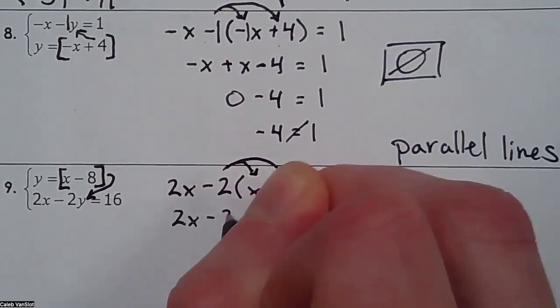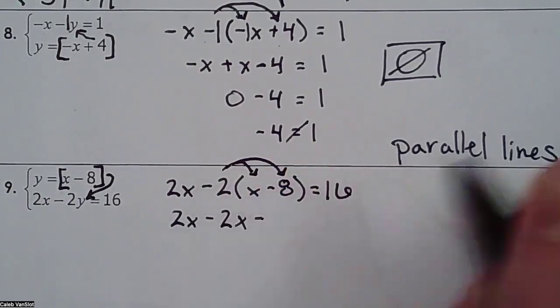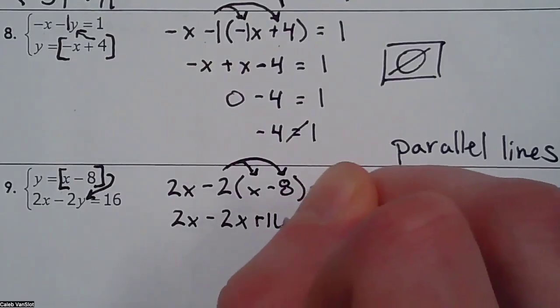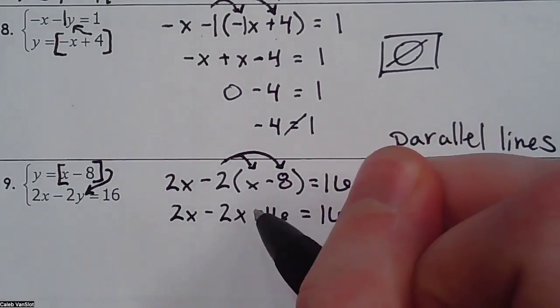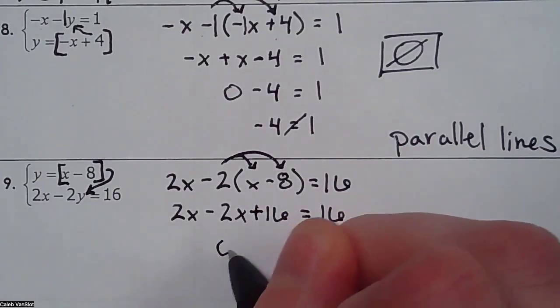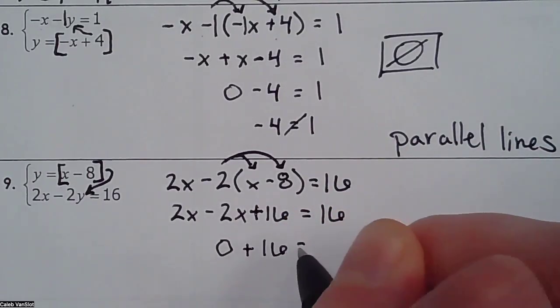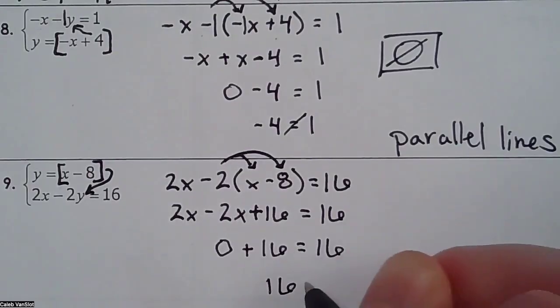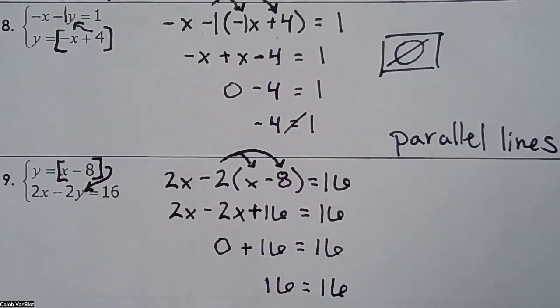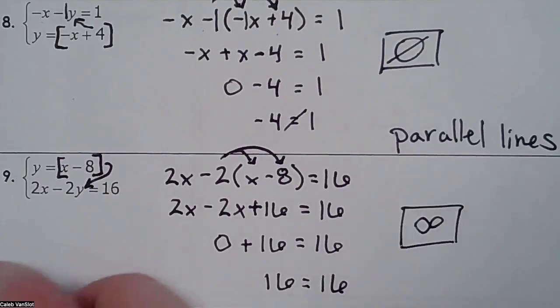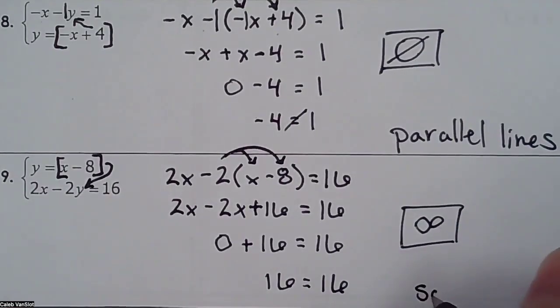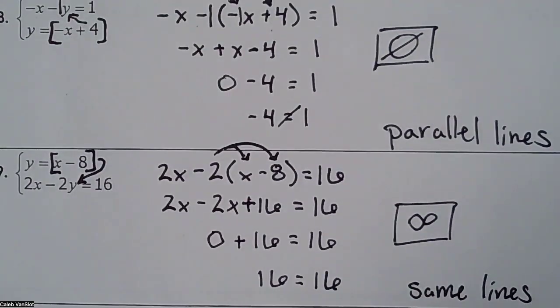So 2x minus 2x plus 16 equals 16. Okay, 2 minus 2 is 0. Hopefully everybody agrees. We're left with 16 equals 16, which is true. So in this case, we have infinite solutions. So this would be two lines that are exactly the same.